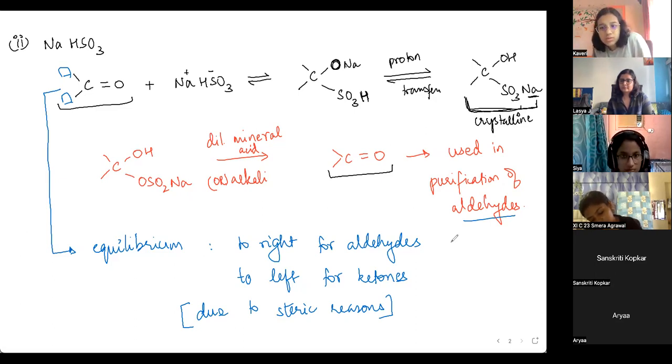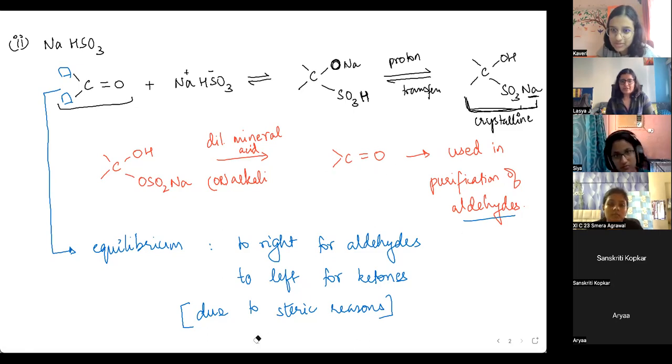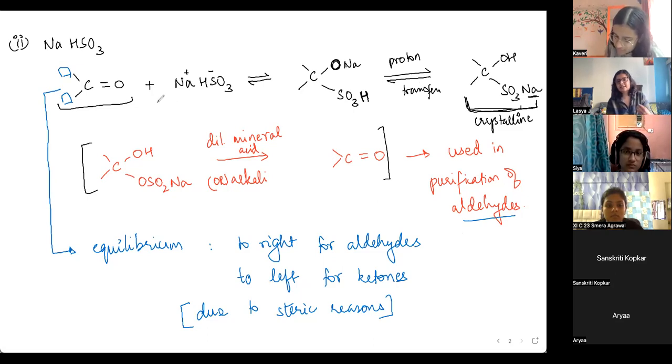How is this used in purification of aldehydes? What you've written, used in purification of aldehydes, not the product. I'm talking about this whole process. Basically this reaction is what you do during purification of aldehydes.